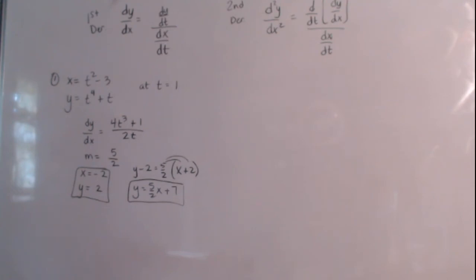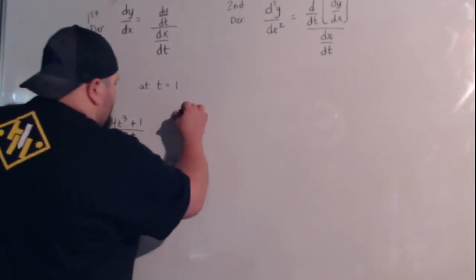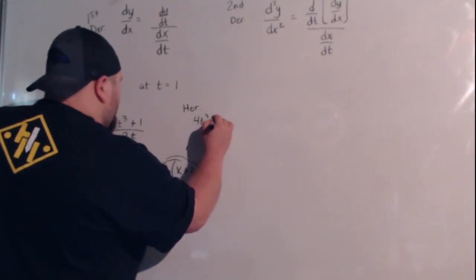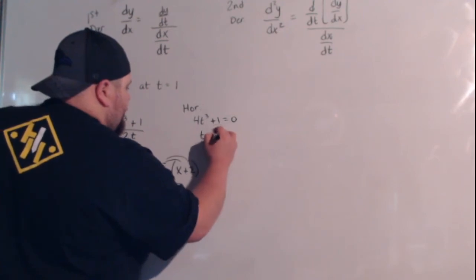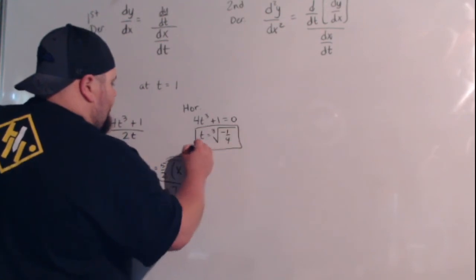It says then find where the graph has horizontal and vertical tangents. Well, we have to have our derivative right here. For tangents, right, for a horizontal one, we need the slope to be 0, which means that the numerator should be 0. So for horizontal, we're looking for 4t cubed plus 1 to be 0. That would occur at that value of t.